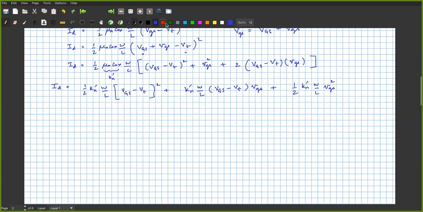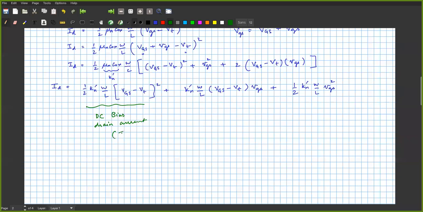Right. Now among these three terms, the first term is actually the DC bias drain current. Look, in that first term you have capital VGS minus VT, that is the same as capital ID.